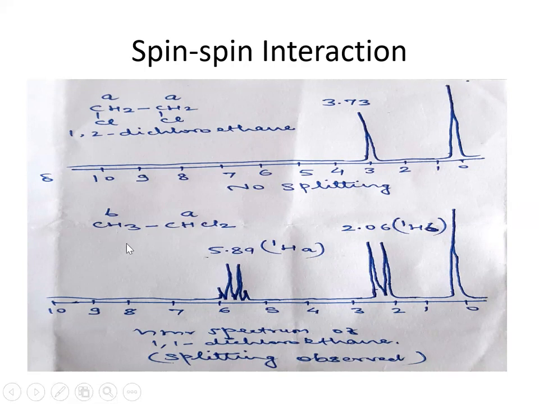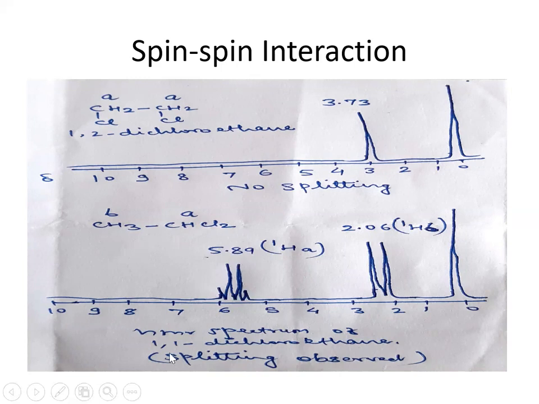Here these CH protons will appear as a quartet because there are 3 protons on the surrounding carbon atom, and according to the n+1 rule we can calculate the multiplicity of a signal. 3 + 1 = 4. It means this signal will appear as a quartet at delta value 5.89.